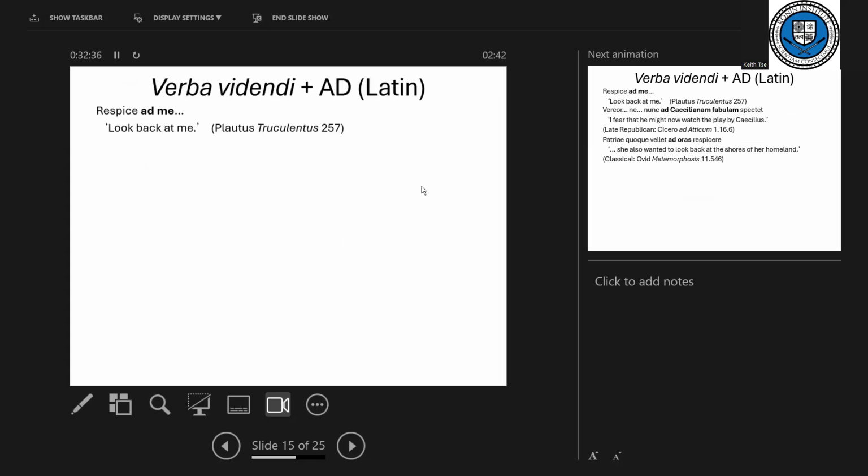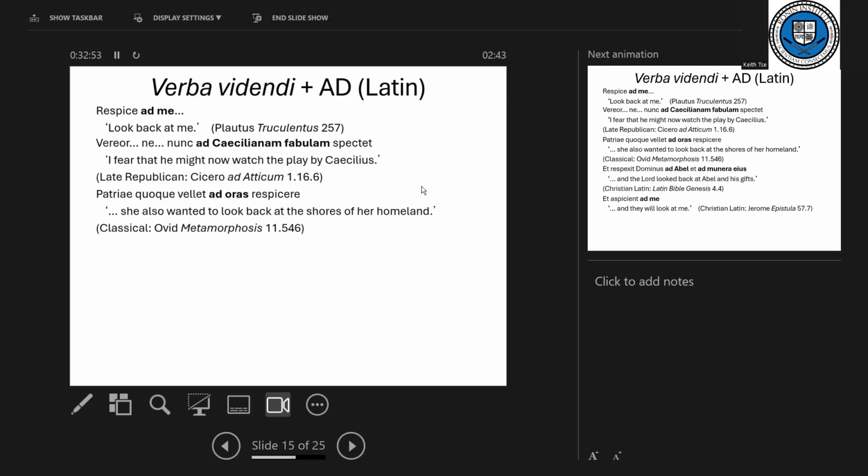So let's focus on verbs of vision, because these verbs are actually quite interesting. Plautus' Truculentus has another example that goes like this: "Respice ad me." It's a very short and possibly colloquial phrase. Look back at me. In the classical period, there are also numerous examples. In late Republican Cicero's letters, in the first century BC, for example, "Nunc ad Caecilianam fabulam spectet."